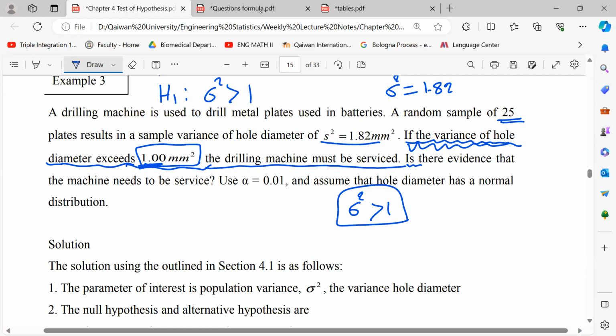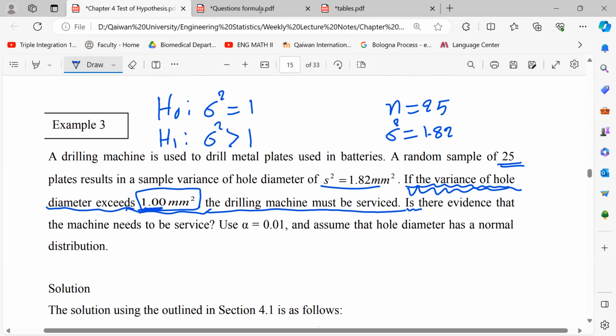This is the alternative hypothesis. If it's 1, it doesn't need to be serviced. So this is the null hypothesis, sigma squared equals 1. And the alternative one, which is H1, is sigma squared greater than 1. Is there evidence that the machine needs to be serviced?